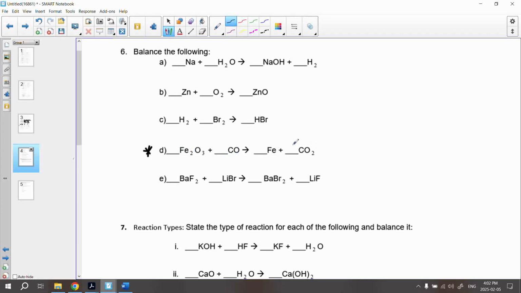And that's because you have to ensure that the number of atoms of each type are the same before the reaction as they are after the reaction, in that you can't have atoms disappearing. You can't start with 2 iron and end with 1. That would indicate that 1 iron atom vanished into thin air.